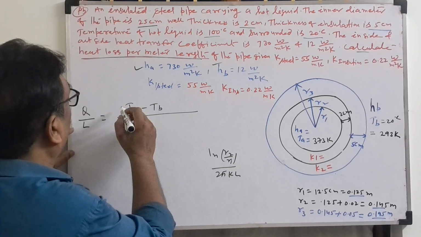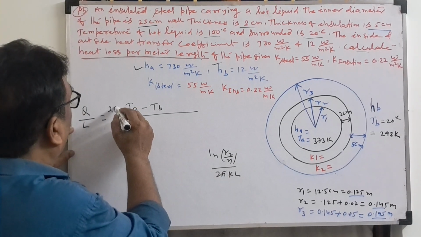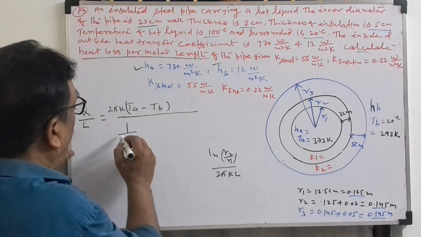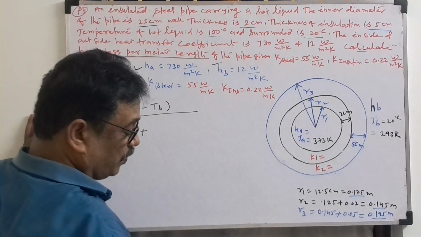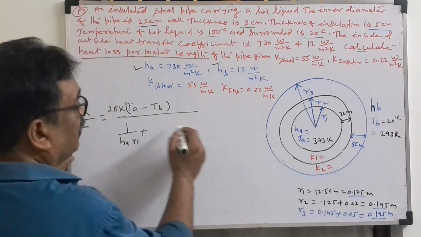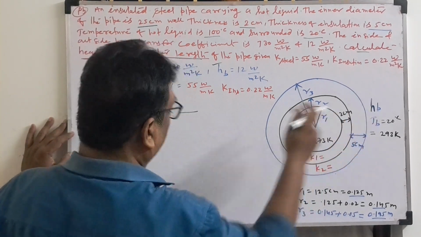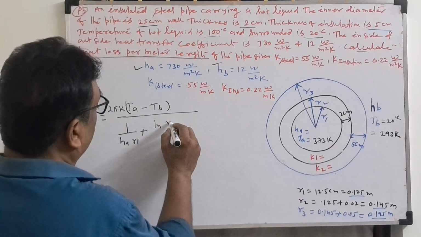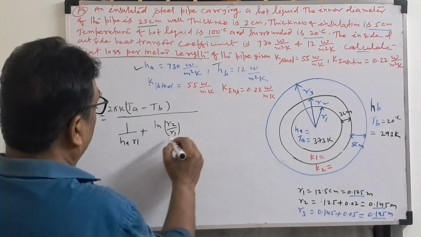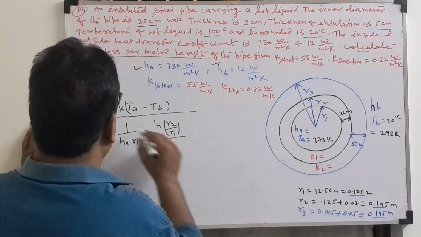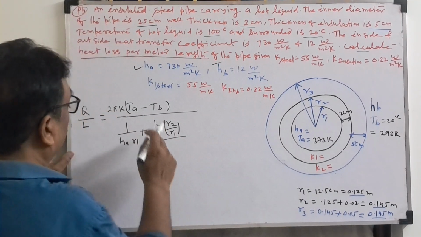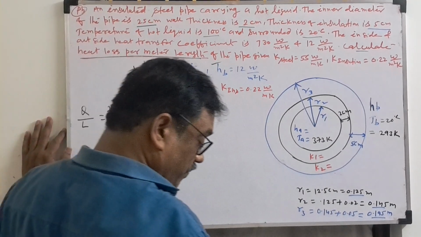So 2 pi k we write here itself. This is the thermal resistance for the first block. The first is convection, then the other is conduction: ln R2 by R1 divided by the thermal conductivity K.